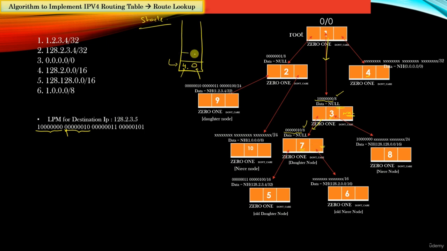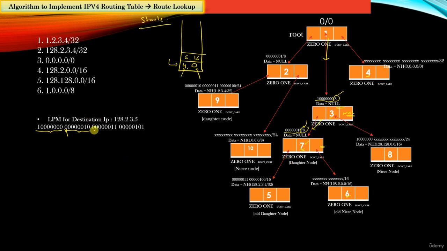So the don't care child of the node 7 is 6, that is the 6th node, and by the time we reach the node number 7, the total number of bits that we have parsed on the input string is 8 plus 8, which is 16. So 16 bits of the input string have been successfully parsed so far. And after making an entry into the stack, we will continue our search.